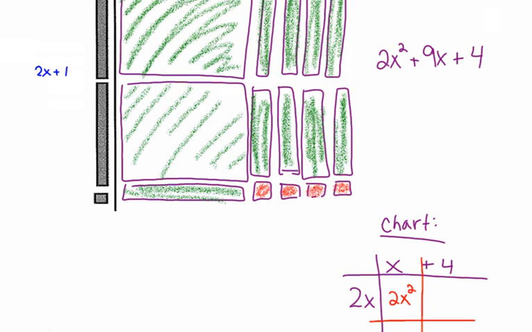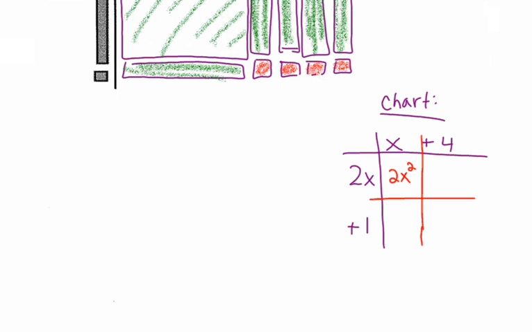You can see the 2x squared. X times 1 is 1x, which is why we had 1x in the bottom. 4 times 2x is 8x, is where we had 8x's on the side. And 4 times 1 is 4. And the last we collect like terms, which is on our diagonal there. So 2x squared plus 9x plus 4.